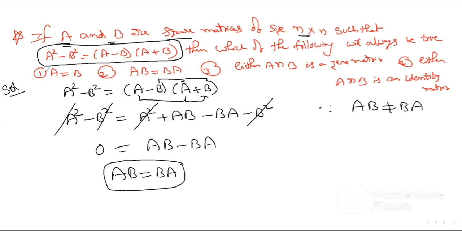So A square minus B square is equal to A minus B into A plus B. When is this possible? Here, if the matrix multiplication satisfies the commutative property, then A square minus B square equals A minus B into A plus B. Otherwise, this condition is not satisfied.